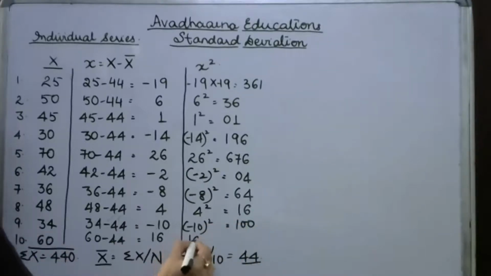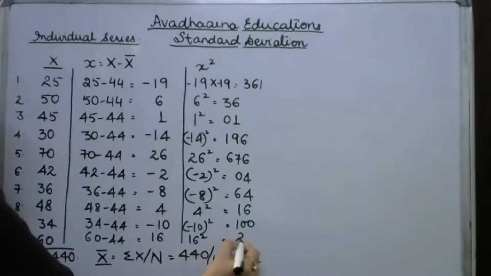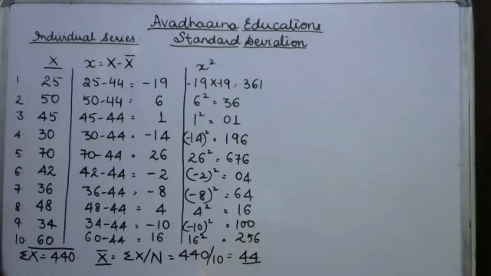And then 16 square is equal to 256. Fine.